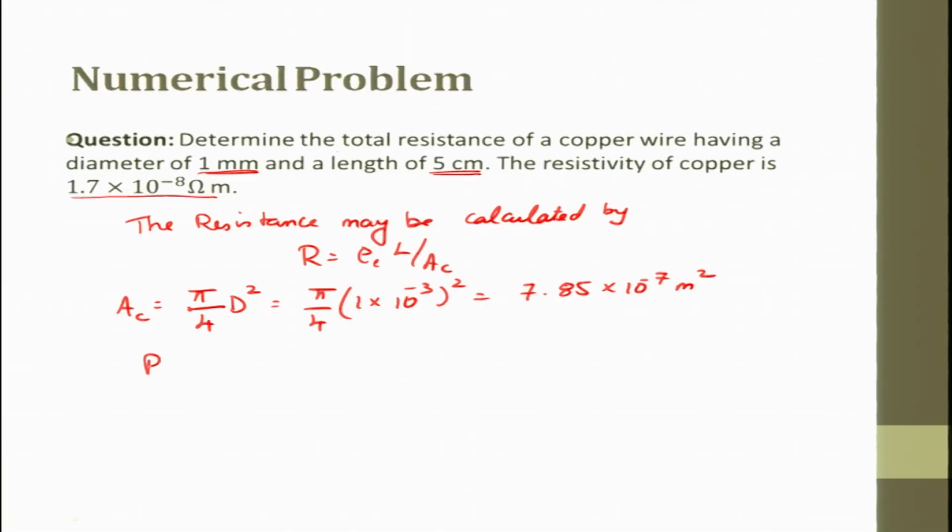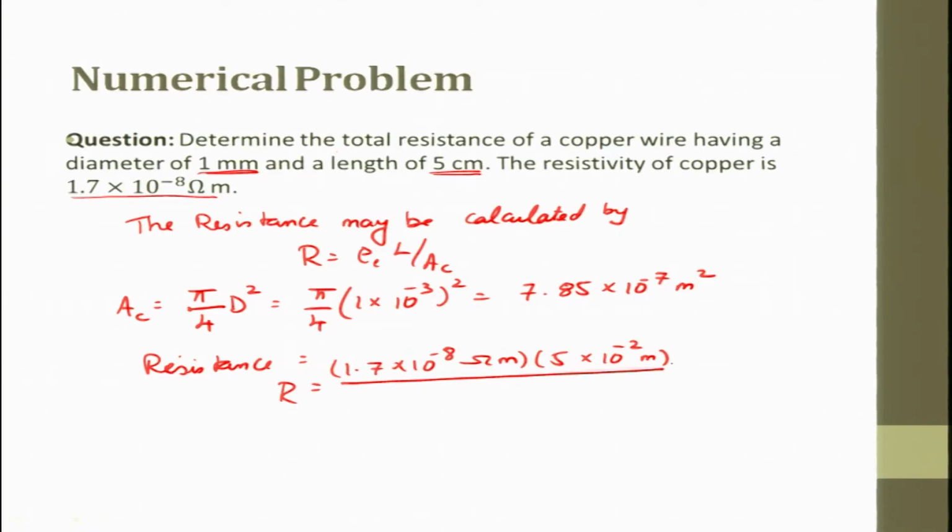Resistance is represented as R equal to 1.7 into 10 to the power minus 8 ohm meter into 5 into 10 to the power minus 2 meter, divided by 7.85 into 10 to the power minus 7 meter square.